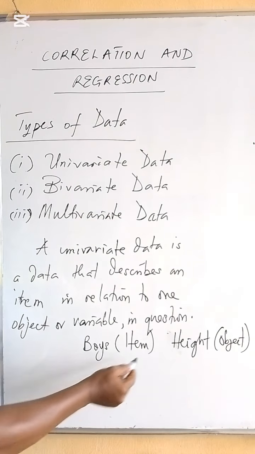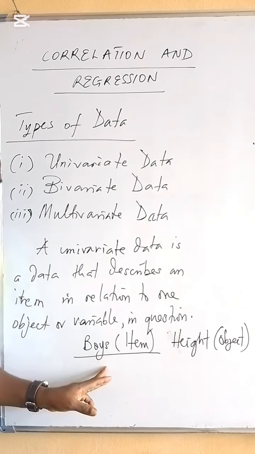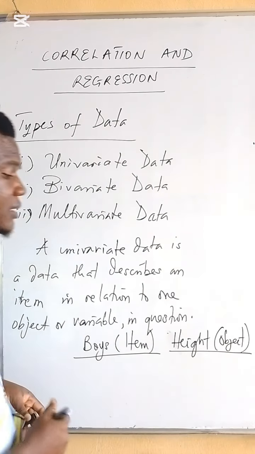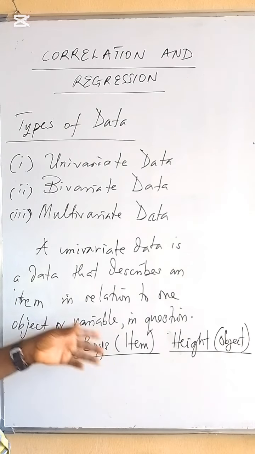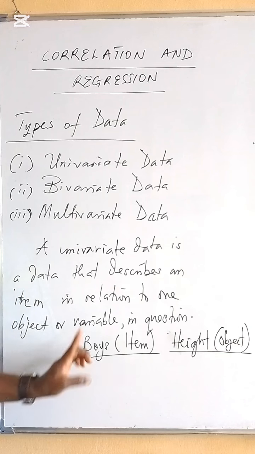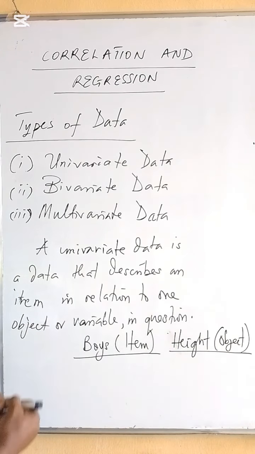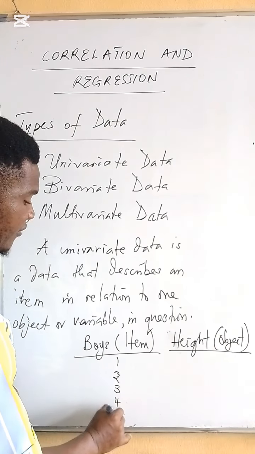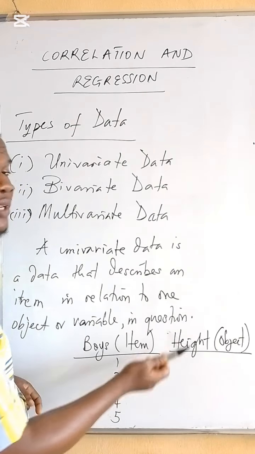If you want to study the item boy in relation to just one variable, height, the data you obtain can be classified as being univariate, because in this case, you are considering an item in relation to one variable alone. So let's assume that there are 5 boys in question: boy 1, boy 2, boy 3, 4, and 5.